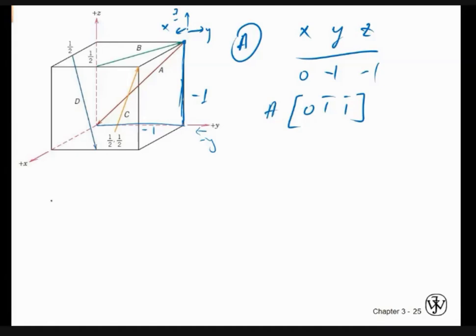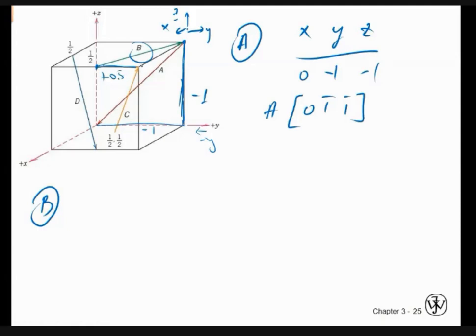For vector B, let's now solve this one. If I choose this part as an origin, x, y, z directions will be the same. So how can I go from this start to this end over here? If I move, let's say this will be half length in y-axis, it will be positive 0.5.